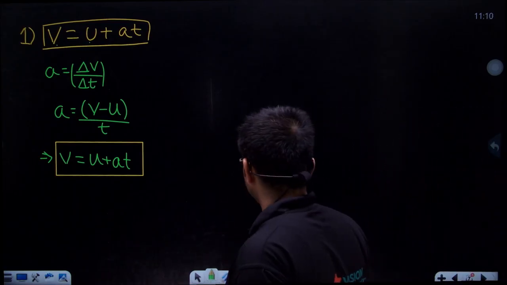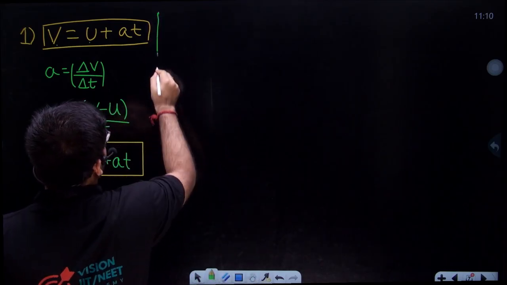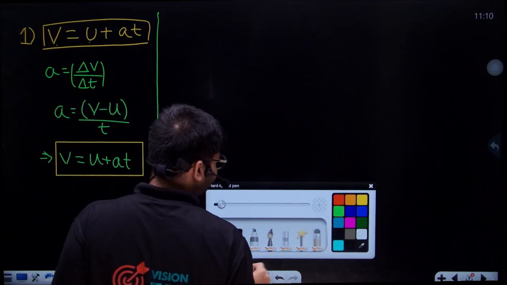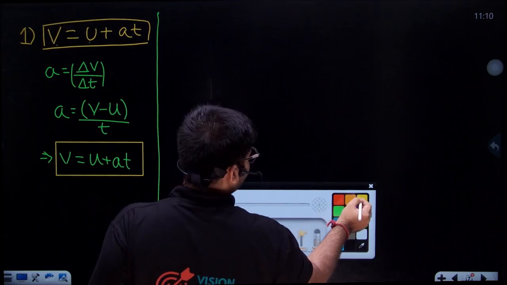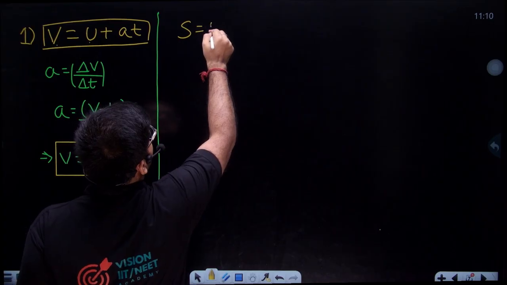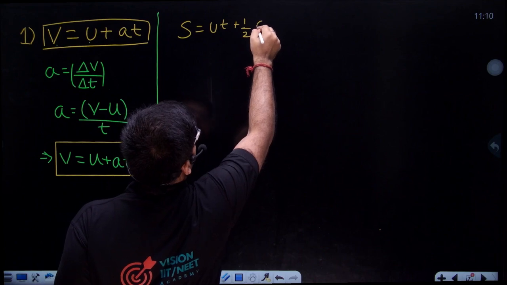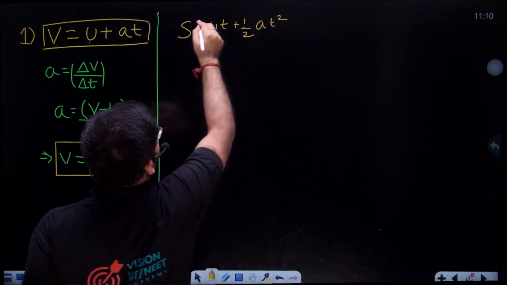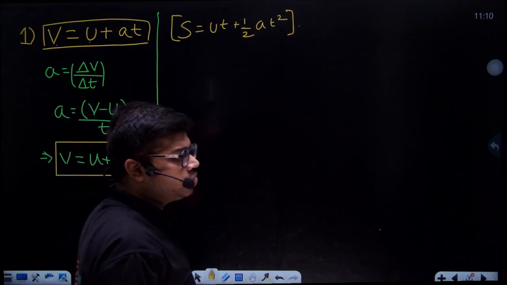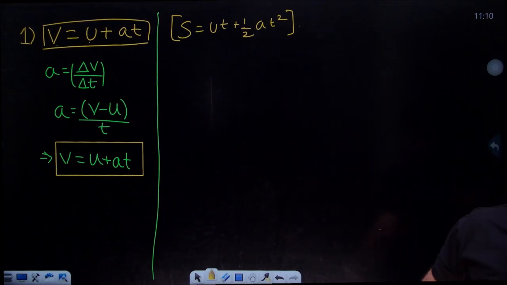Now let us see the second derivation. Okay, so what is the second equation that I am having? The second equation is s is equal to ut plus half a t square, where they have their own meanings. I told you that s is nothing but the displacement, u is the initial velocity, t is the time, a is acceleration.